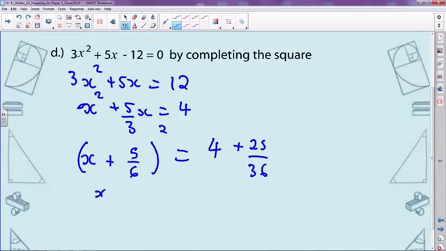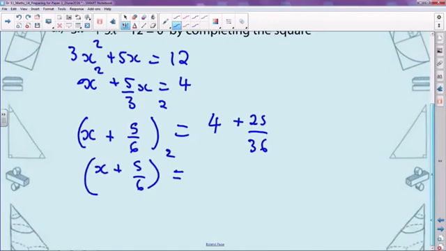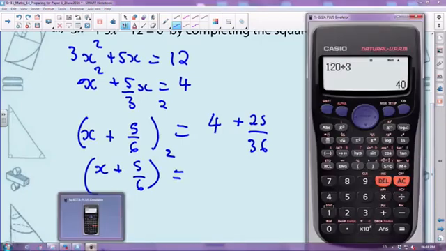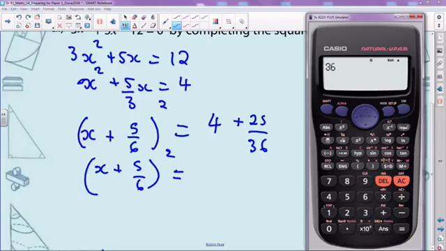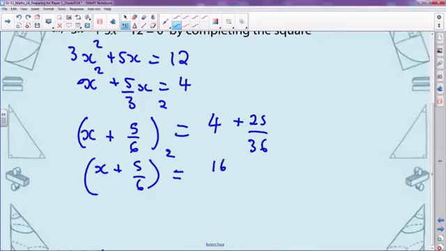Then this is x plus 5 over 6 squared equals to, now let's simplify this. 4 plus 25 over 36, that's 36 times 4 plus 25, which gives us 169, okay? So you get 169 over 36.